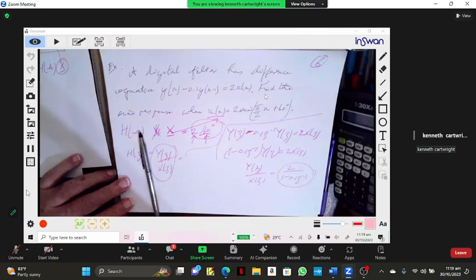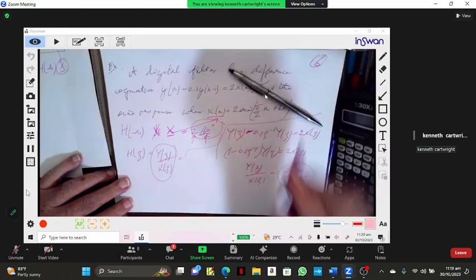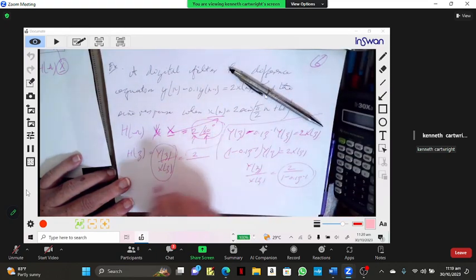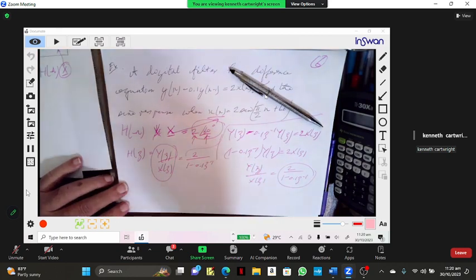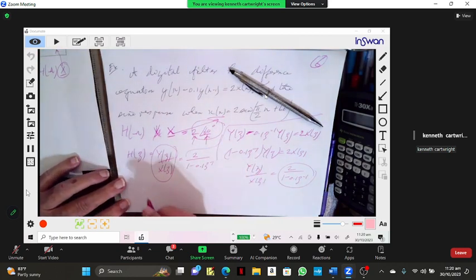And again, why y'all don't know that, I don't know. So there's your transfer function: 2 divided by 1 minus 0.1 z to the -1. But it's not H of z we want. It's H of omega we want.